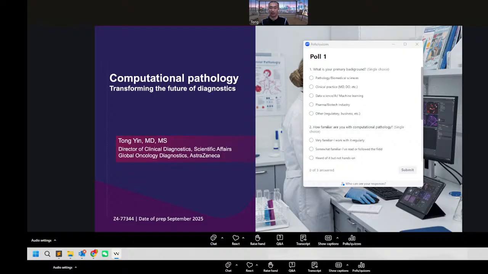So let's see here. The pharma and pathology representation is very even, I would say, right? That's the first question, and then the second question, it's across different familiarity levels. It's very interesting.